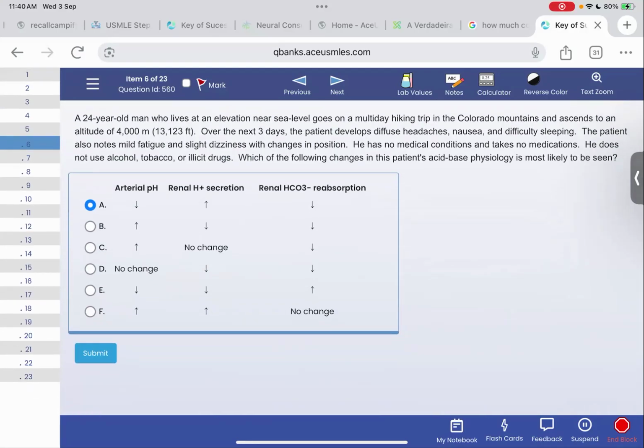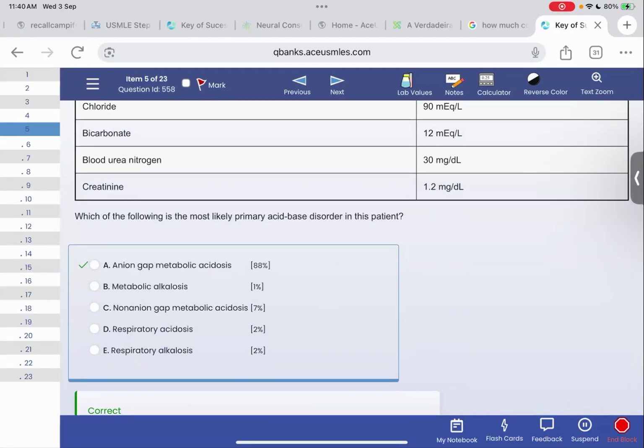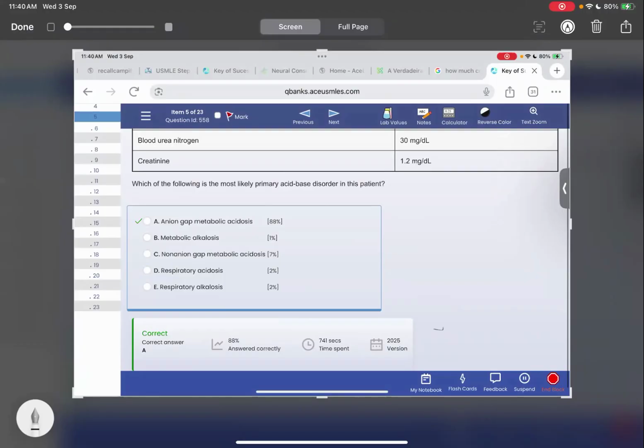Can you please show the previous option? It was so quick, I couldn't see it. For the anion gap, you said sodium minus chloride minus, what was the other one? Let me do it again. Sodium minus chloride.